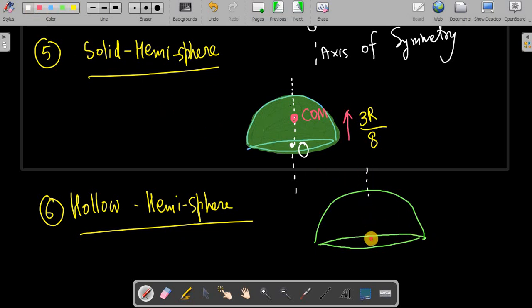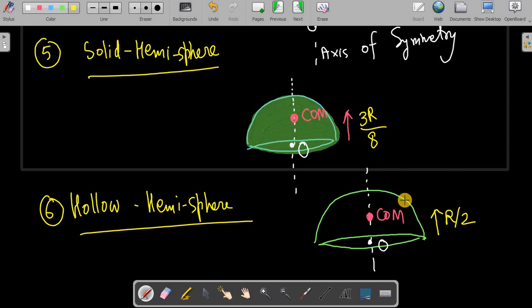This is the axis passing through the center. So this time the center of mass will lie at a distance of here. This distance will be r by 2. Okay, so in this manner we can calculate all this. We should know all these formulas, right?